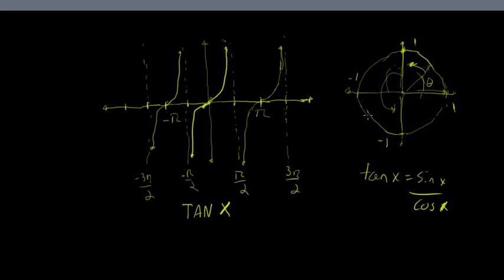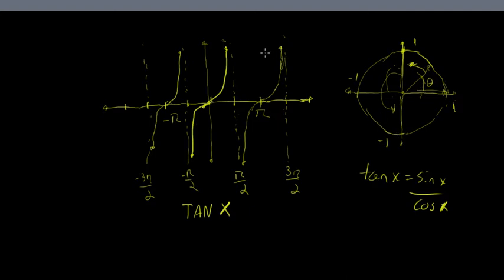Either that or sine of x is going to be very close to negative 1, and cosine of x is going to be very close to 0 but negative.